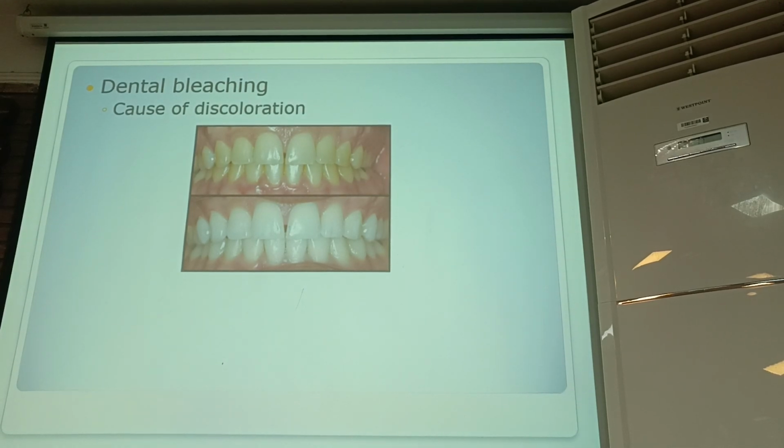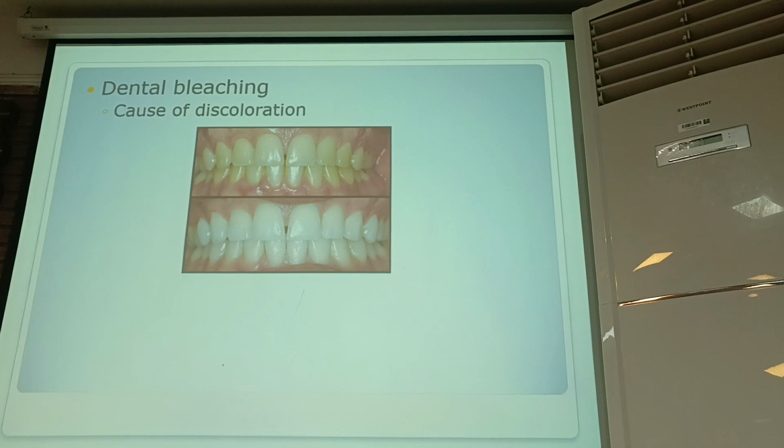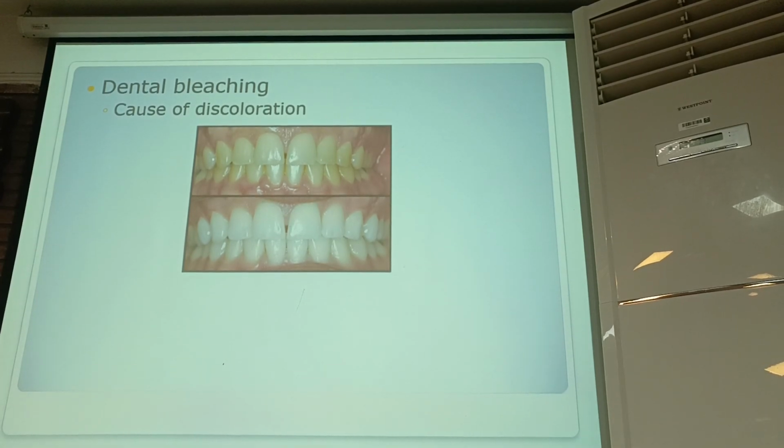Persons with a habit, for example, of consuming so much tea or coffee, this material can deposit some stain on the surface of the enamel. However, this is the conservative choice.